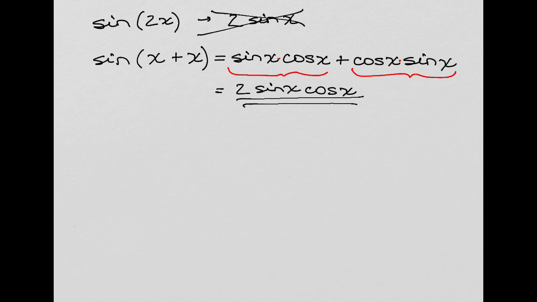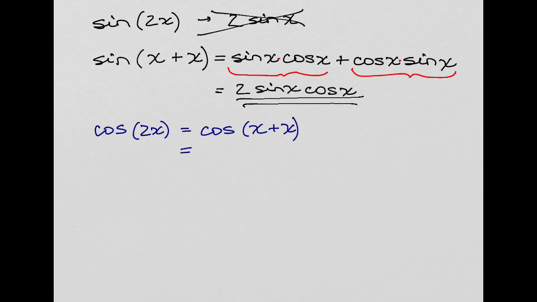For the cosine, we're going to do the same thing. Cosine of 2x, we're going to rewrite as cosine of x plus x. And there's an identity for that, too.